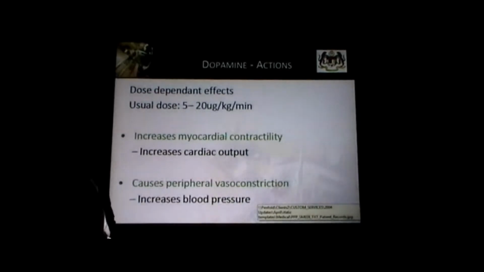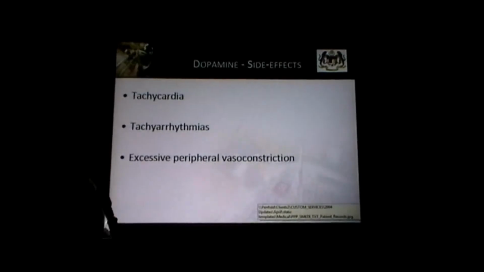Okay, this is a dose, and of course, the effect will increase the BP and also will increase the heart rate. So be careful with that, because dopamine itself can cause tachyarrhythmia.